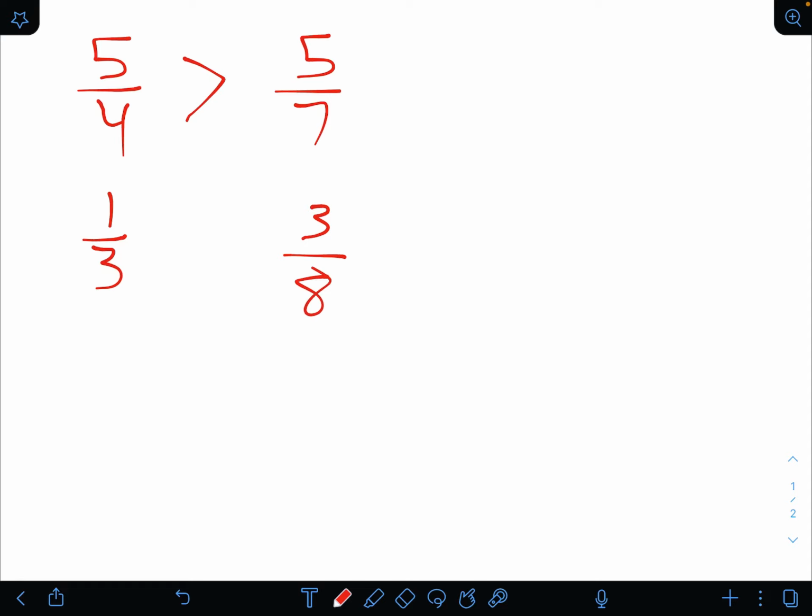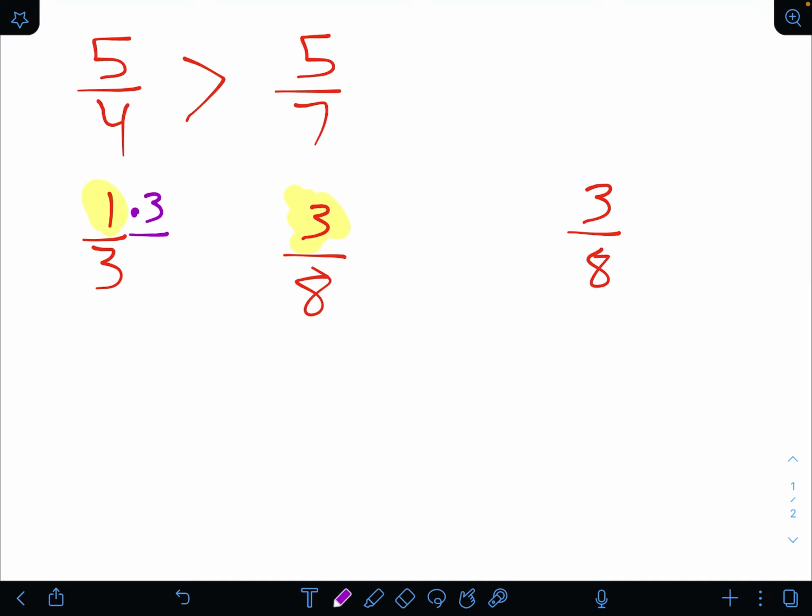Now you may say, oh, Mr. Schneider, the 3 can't go into the 8. You're right. It can't go into the 8 evenly. But can the 1 go into the 3? Well, yeah, it can, 3 times. So let's do that. Keep this as 3/8. And then 1 times 3 gives you 3.